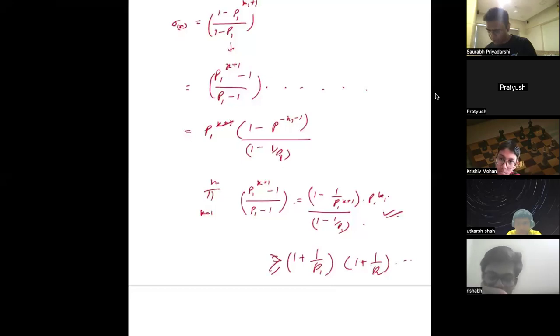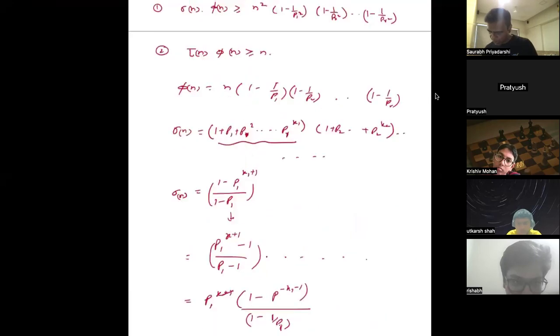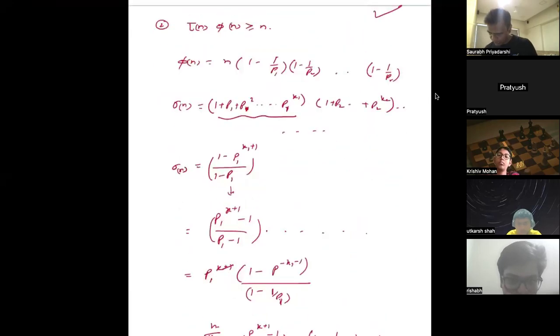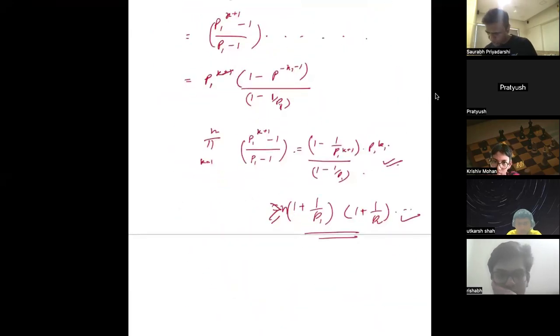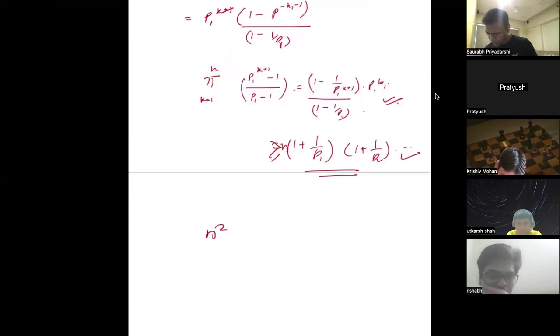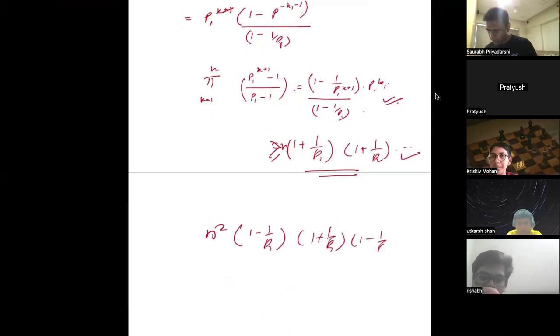This must be greater than or equal to this value. So if I multiply with this, this n times is coming as n square into 1 minus 1 by p1, 1 plus 1 by p1, 1 minus 1 by p2, 1 plus 1 by p2 and so on. So n square, I guess that is what we have to prove.